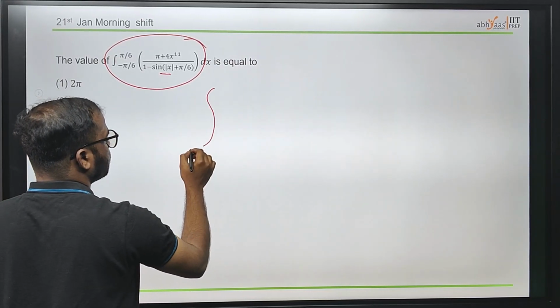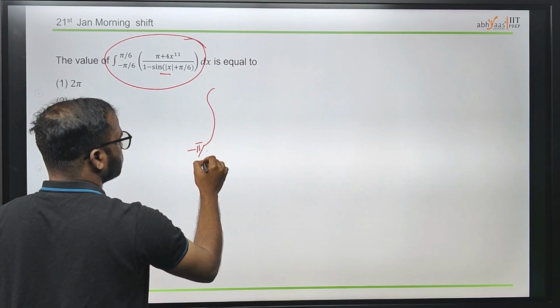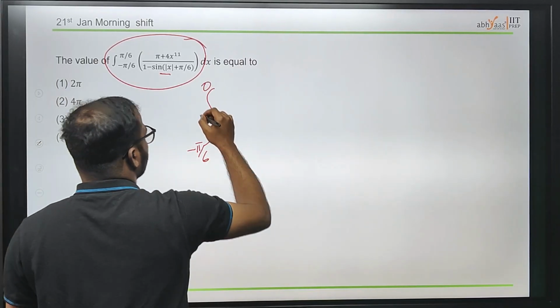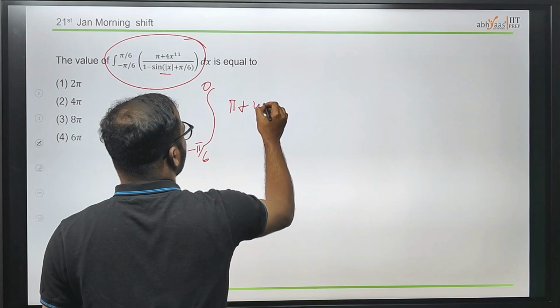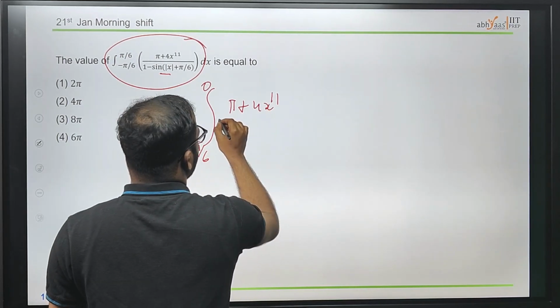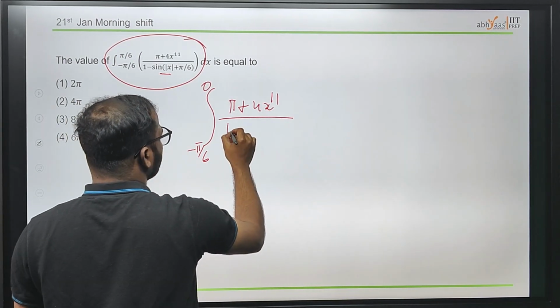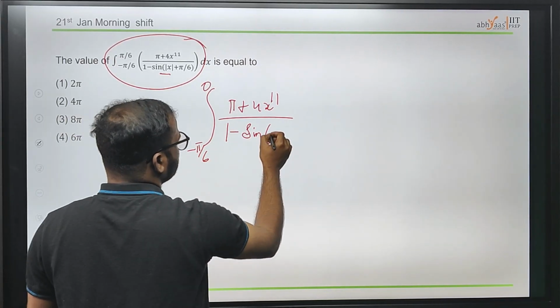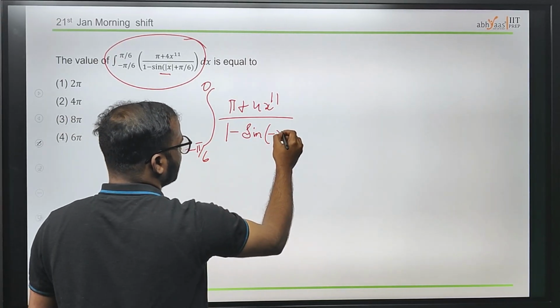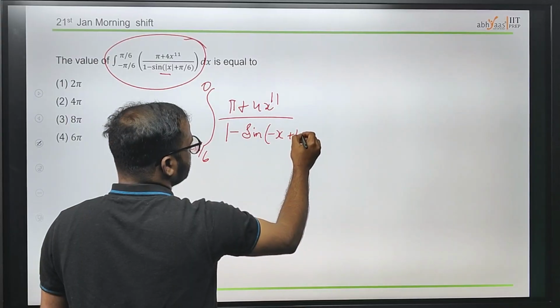Since we have minus pi by 6, we divide it from minus pi by 6 to 0, with pi plus 4x to the power 11 divided by 1 minus sine of minus x plus pi by 6.